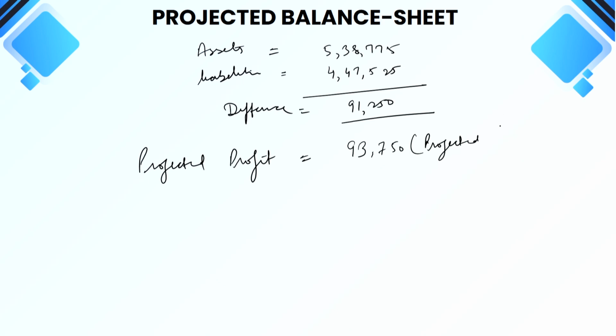I took it from the projected profit in the projected balance sheet plus this difference of 91,250. We got the figure of 1,85,000.